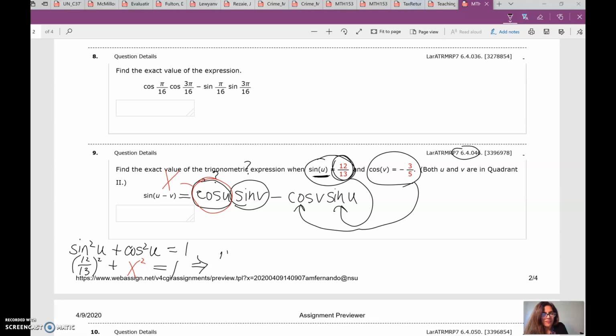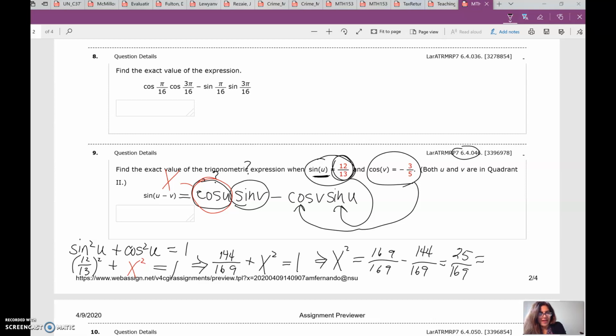So we're looking at 144 divided by 169 plus x squared equals 1, which gives us, if you make the 1 into an appropriate fraction, or 169 over 169, and subtract 144 over 169, we're going to get 25 over 169, which is in fact, what was x? It was cosine squared of u.